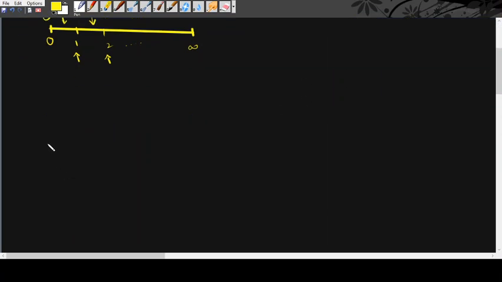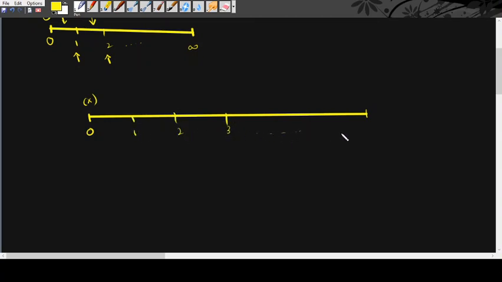Let's look at these illustrations for better understanding. Let's say this is the entrance of the insurance, year 1, year 2, year 3, and it will continue forever. The coverage will be until the person dies.